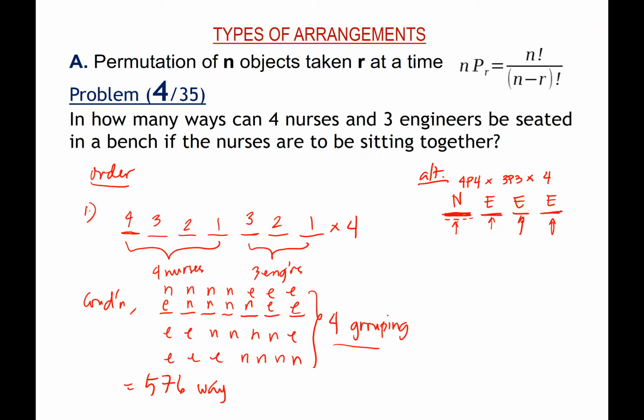So I have 4 seats taken 1 at a time. So I have this answer, which is equivalent to 576 ways, which is the same as the previous. That's it. So knowing these two methods, you can check your answer.